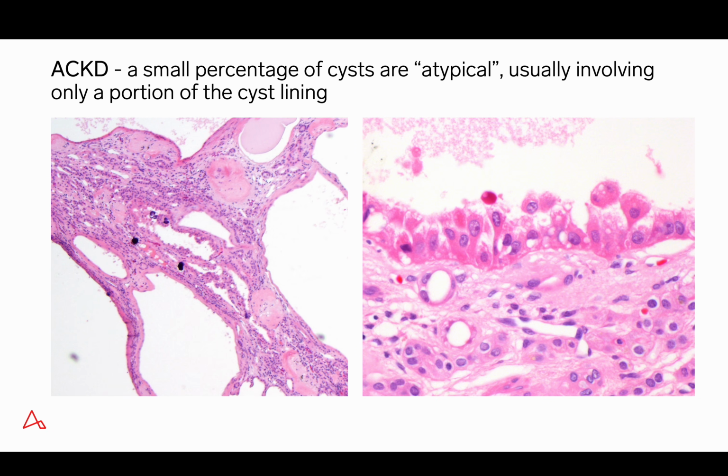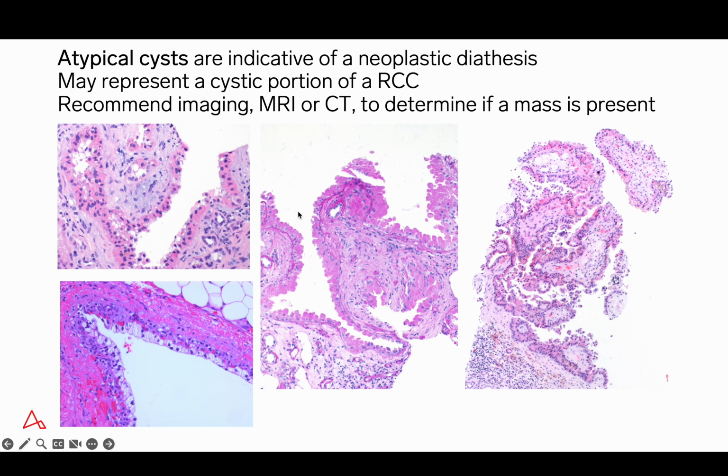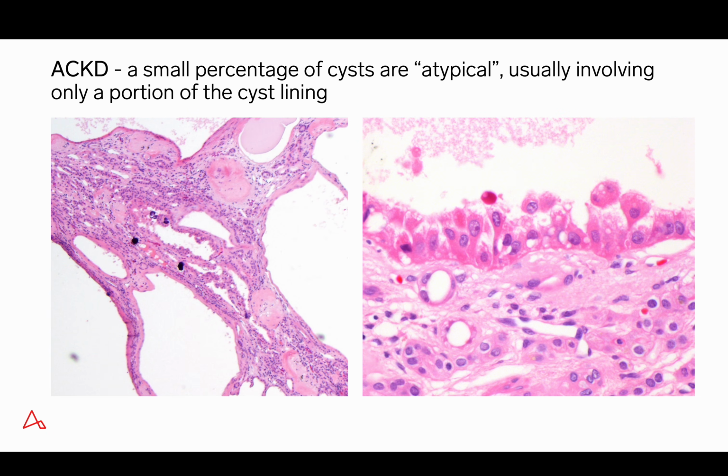I previously indicated that some cysts in acquired cystic kidney disease appear neoplastic, so-called atypical cysts. Here is an example in a nephrectomy on the left side. We can see at low power, again, chronic glomerular and tubulointerstitial scarring, and numerous cysts.